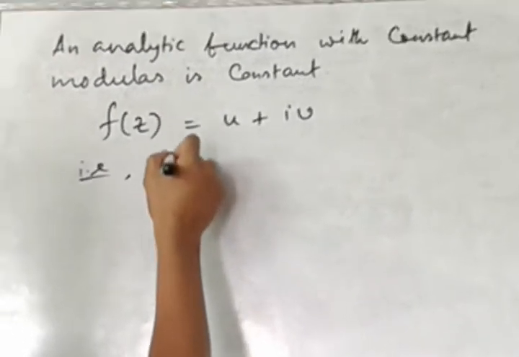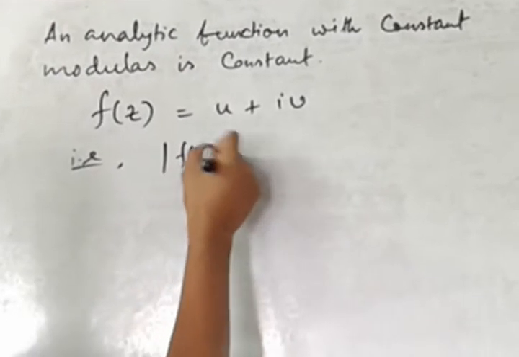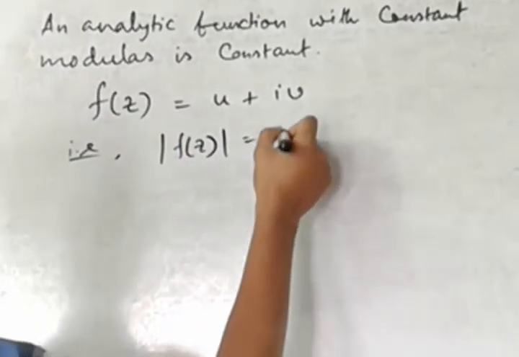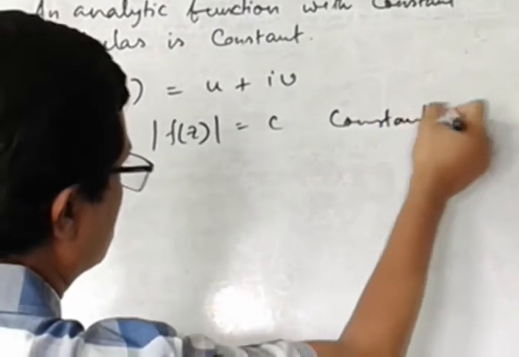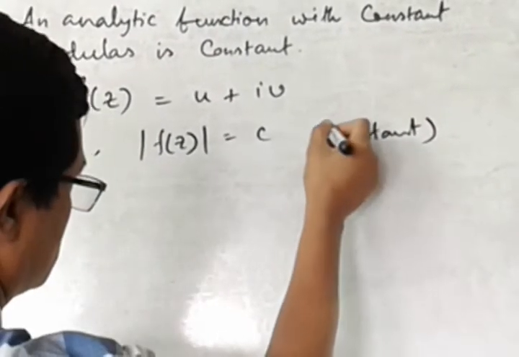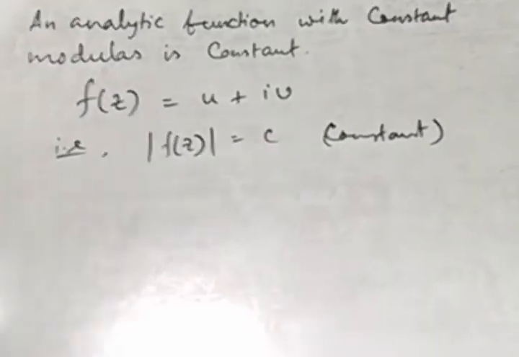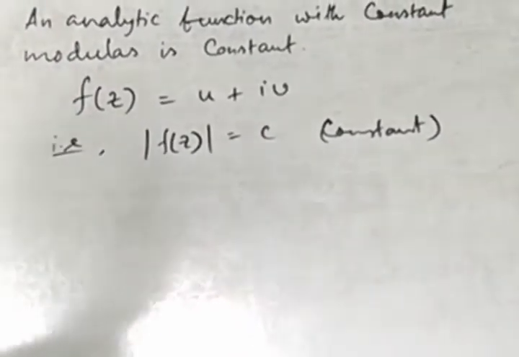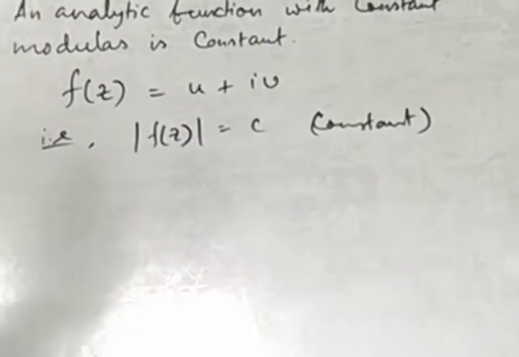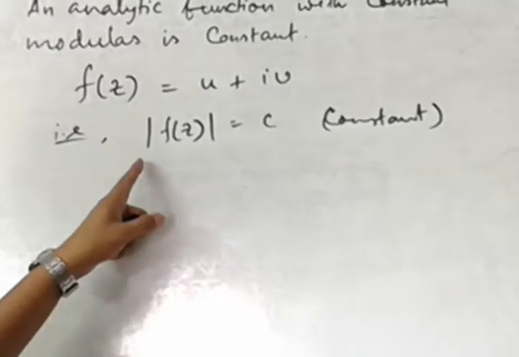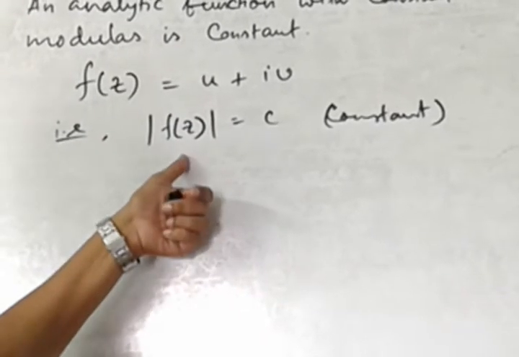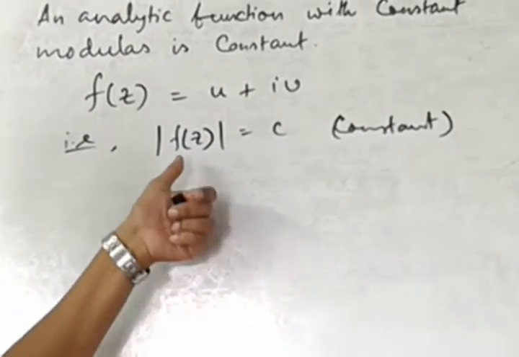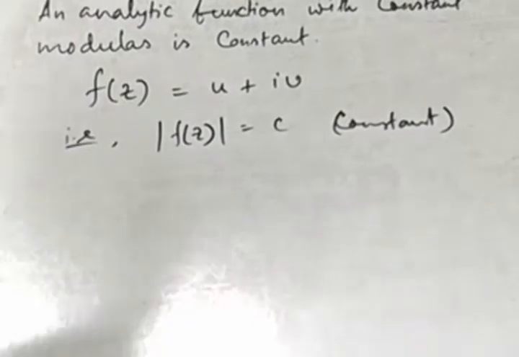That is, the modulus of f(z) is equal to c, where c is the constant here. So at first we consider that the modulus of this analytic function is constant.